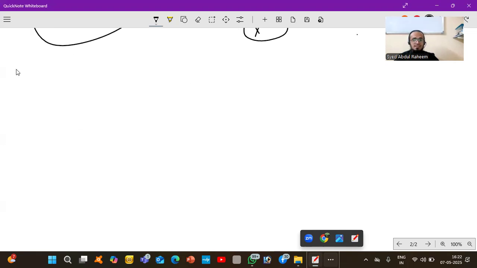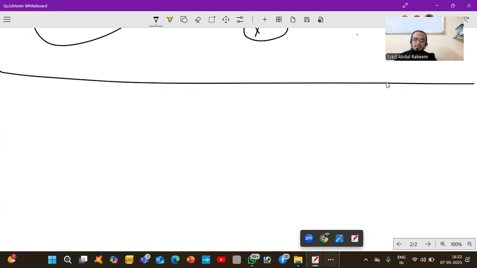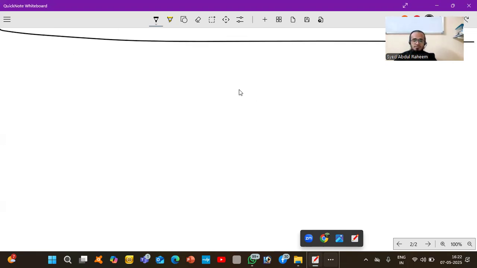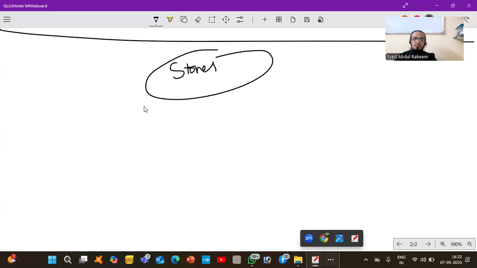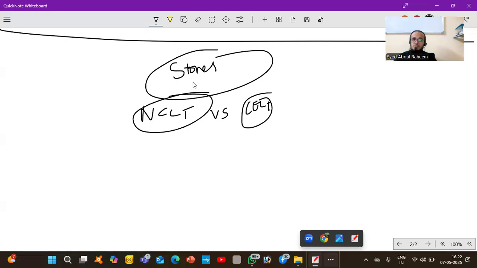And we have another thing, that is calcification, stones. For stones, what is the best, either NCCT or CECT? If you want a clear picture of stones, which is the best scan?